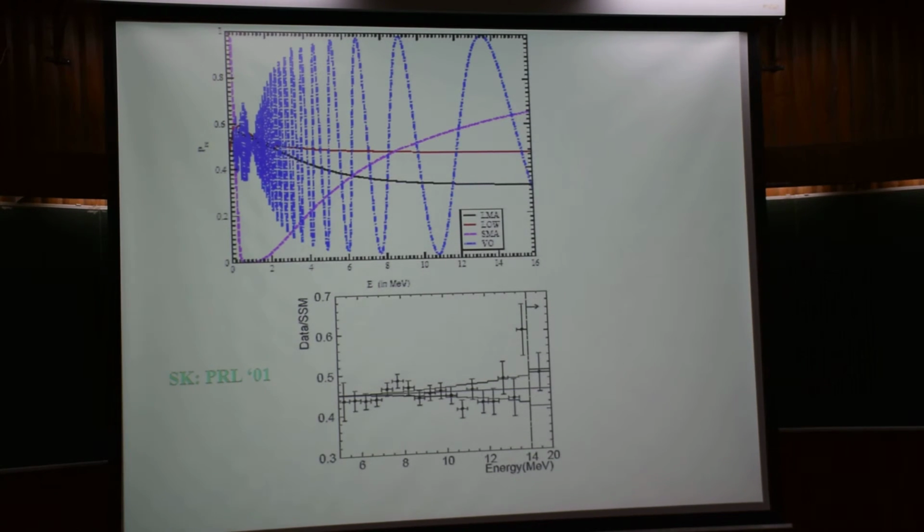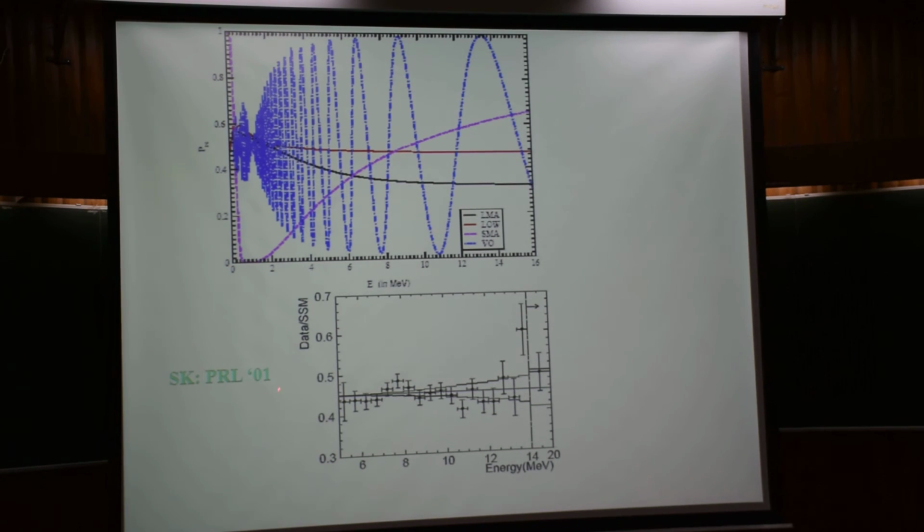This is the small mixing angle solution: it goes from 1 to 0 and back to 1. The rapid energy dependence is the vacuum oscillation solution. Whereas the large mixing angle goes from 0.55 to something like 0.3. This is the best solution. The LOW solution goes from 0.55 to 0.45 because it has a small Earth matter effect.